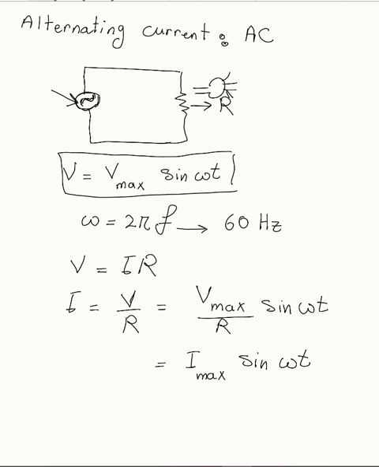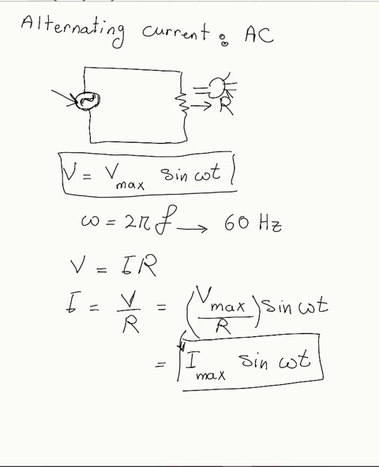So I can write the current to be Imax sine omega t, and again omega here is the angular frequency. So if a circuit has only a generator and a resistor, V is Vmax sine omega t, and I is Imax sine omega t.